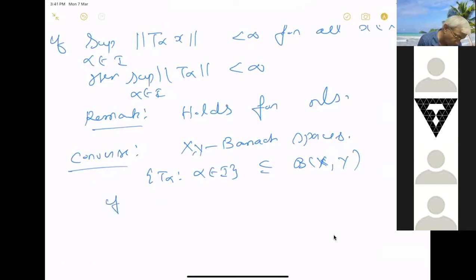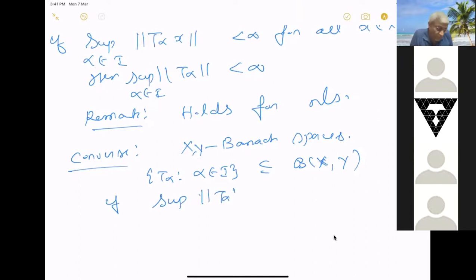Then if the supremum of the norm of T alpha is equal to infinity, then there exists an x in X such that the supremum over alpha in I of the norm of T alpha x is equal to infinity.